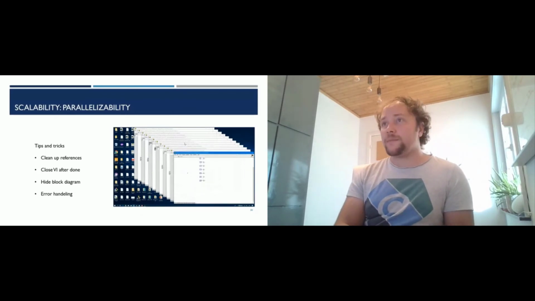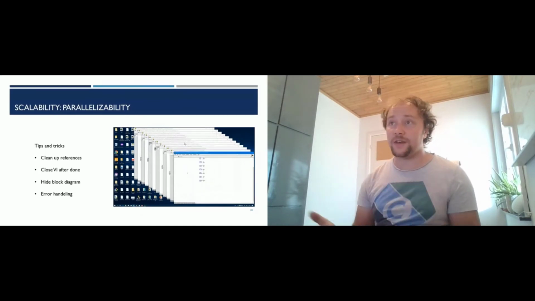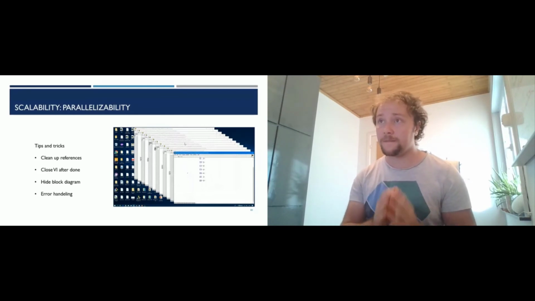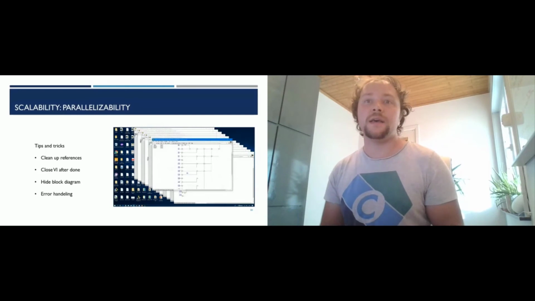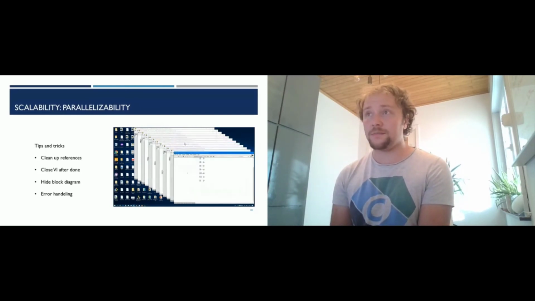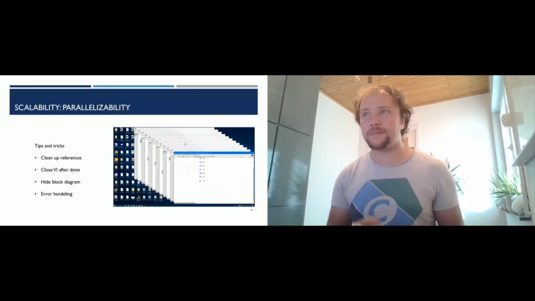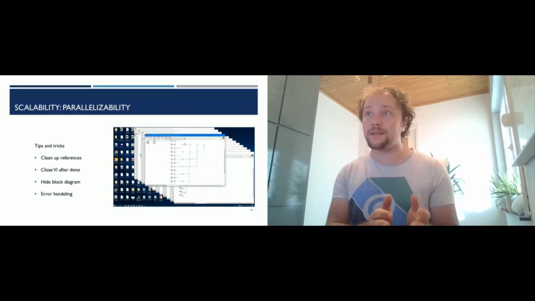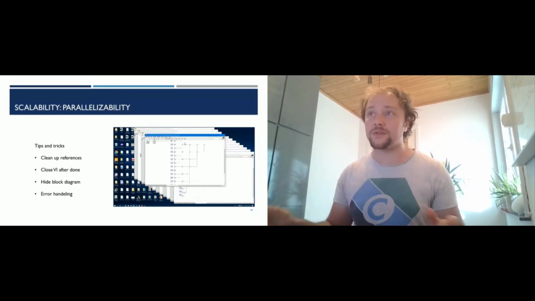Hide the block diagram. It makes the VI scripting go a lot faster, especially with large data sets. And something I also found: make sure your error handling is on point, because if you make a mistake after it's running for an hour, then suddenly it's a pain to figure out what went wrong, and you have no code at all afterwards.